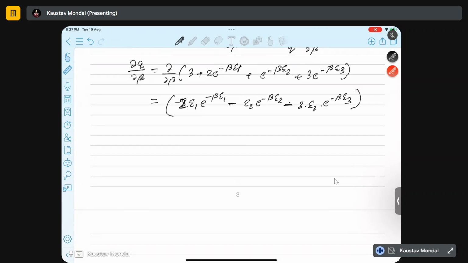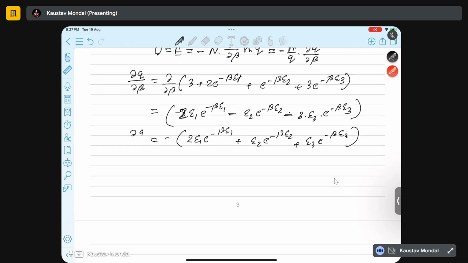This is the expression. If we take the minus common, this gives you minus of 2 epsilon 1 e to the power minus beta epsilon 1 plus epsilon 2 e to the power minus beta epsilon 2 plus 3 epsilon 3 e to the power minus beta epsilon 3. Okay, so this is the del q by del beta expression you will be getting, right?